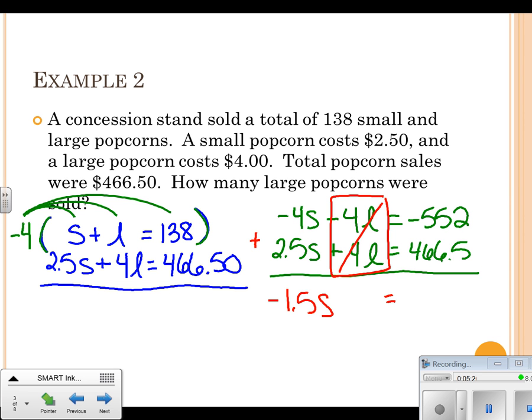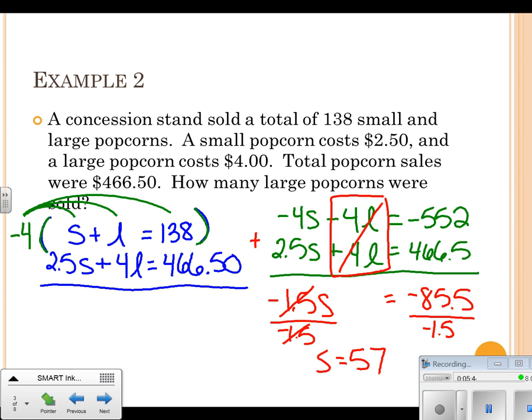Negative 552 plus 466.5 gives us negative 85.5. We divide both sides by negative 1.5. And then s equals a positive 57.